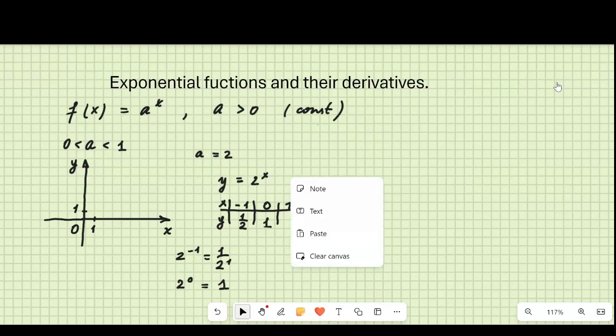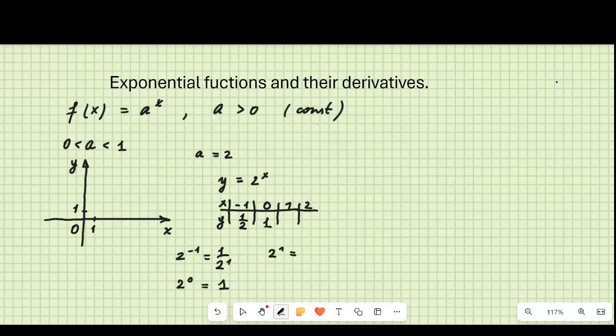Okay, the power of 1 is easy to imagine. 2 to the power of 1 is just 2, and that's also a very nice point to remember: any number to the first power is just the number itself. And 2 to the power of 2 is easy. It's 2 times 2, which is 4, and I'm going to write down 4 here.